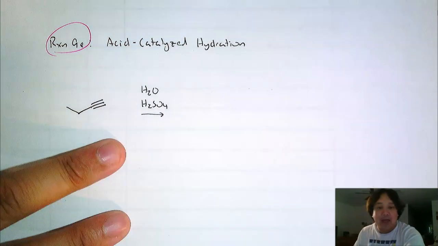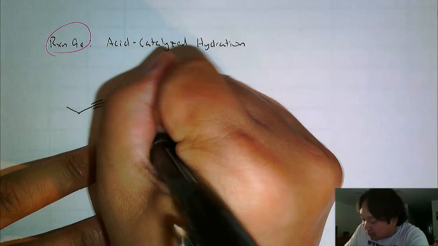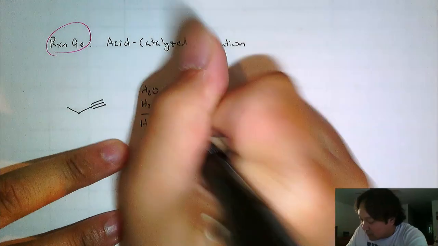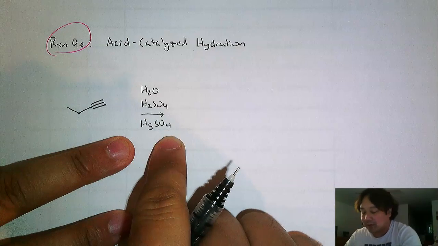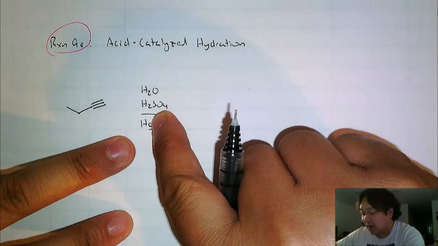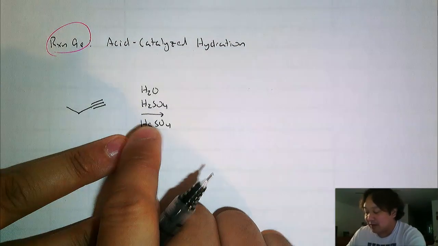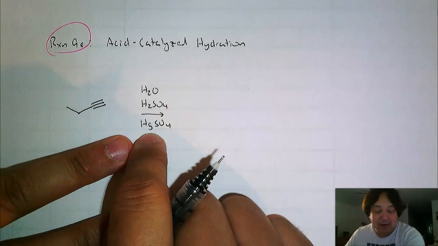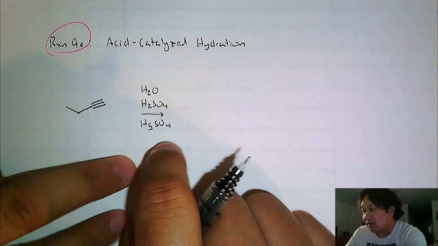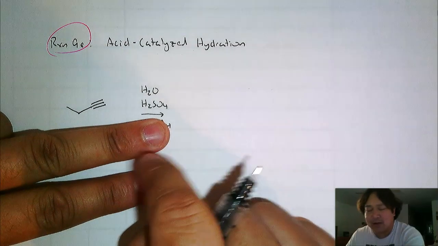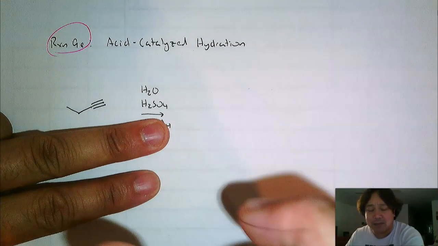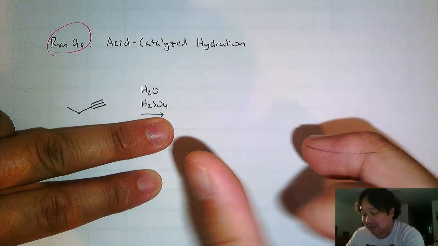But I'm going to add one more reagent, HgSO4. Mercury 2 sulfate. So we use the mercury plus 2 ion, mercury 2 sulfate. That one is necessary, okay? It can happen without it, but it's going to be kind of slow, and also the regiochemistry is not going to be very precise, okay?